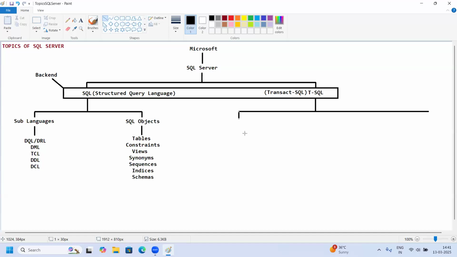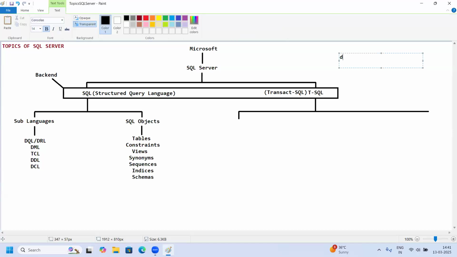And what does it deal with? Coding, programming, whatever you want, you can say. I'll mention here, it deals with coding or programming.